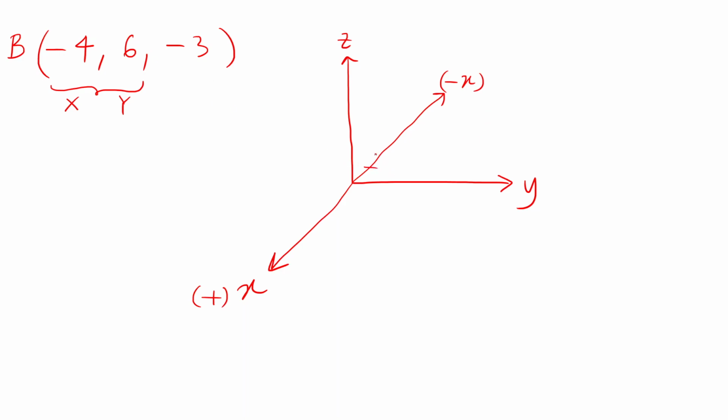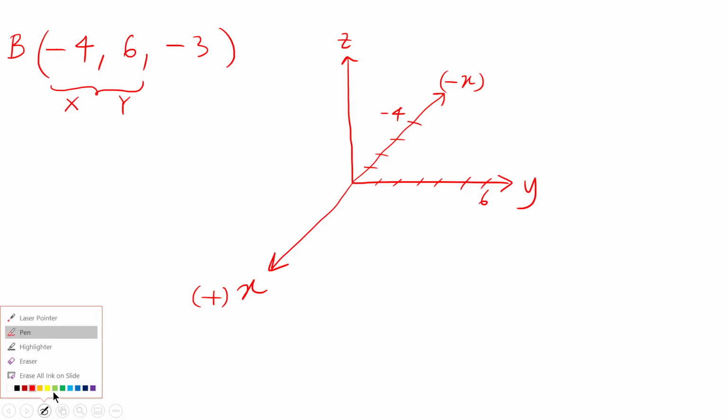So 1, 2, 3, probably 4 is here. x is -4, y is a positive value. So 6. 1, 2, 3, 4, 5, 6. 6 is here.